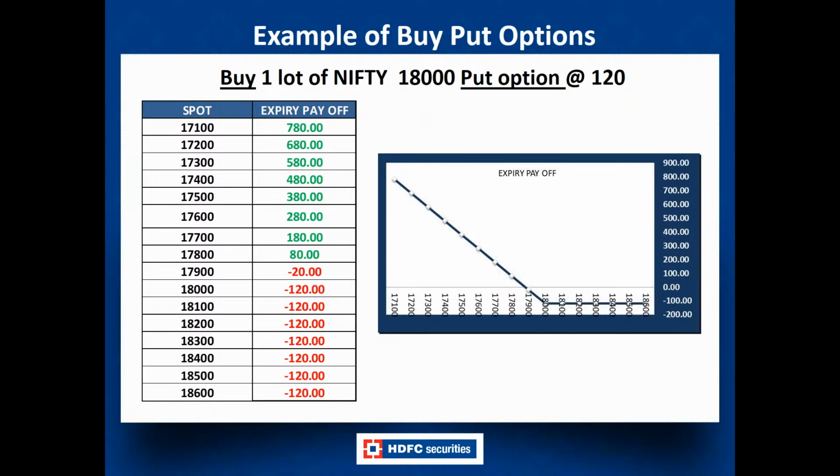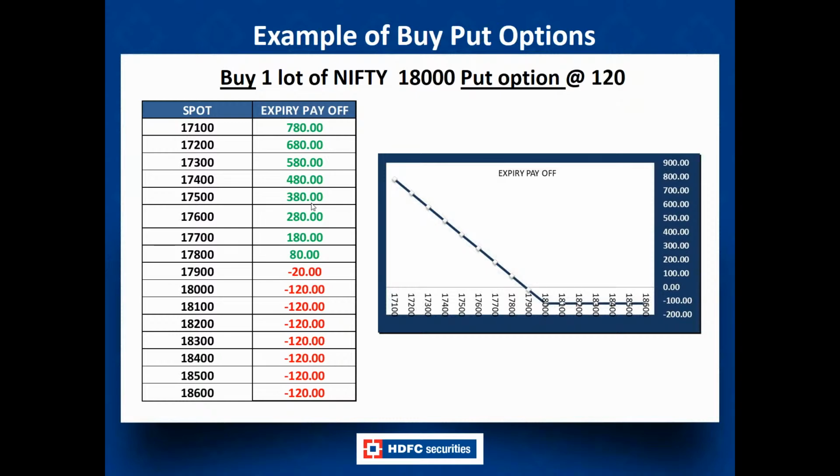In this payoff table and diagram, you'll be able to see that if Nifty closes at 17,500 on the expiry day, and you still hold on to your position, your maximum profit would be 380 rupees per share. That means you have paid 120 rupees as an investment, and if it goes to 17,500, you will earn 380 rupees per share.